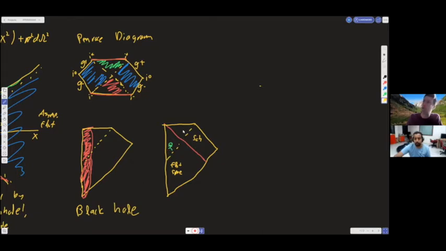Once he crosses the shell, then he'll definitely see it decreasing. But that's just a local criterion that happens to be true in the Schwarzschild geometry. The real definition of the horizon is whether or not you can communicate with infinity. And he can't, so he's behind the horizon.